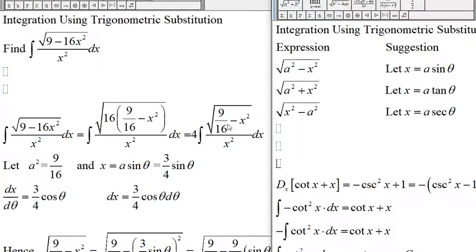And so in this case, a squared will be 9 over 16. So we let a squared be 9 over 16, and if we take the square root of both sides, a will be 3 over 4.